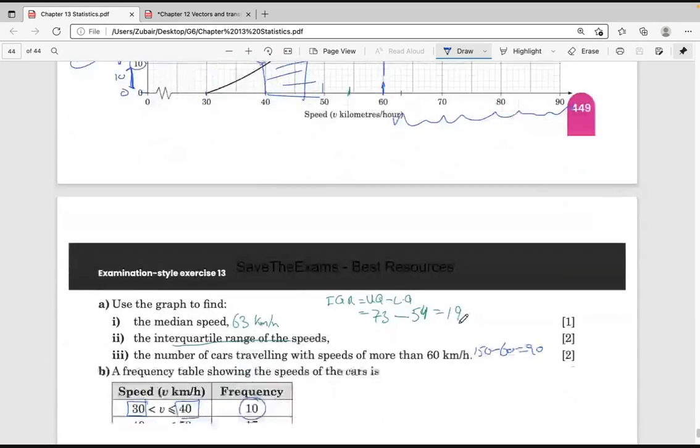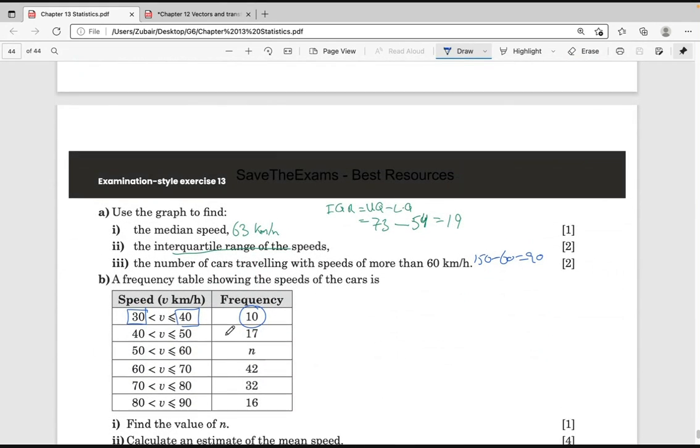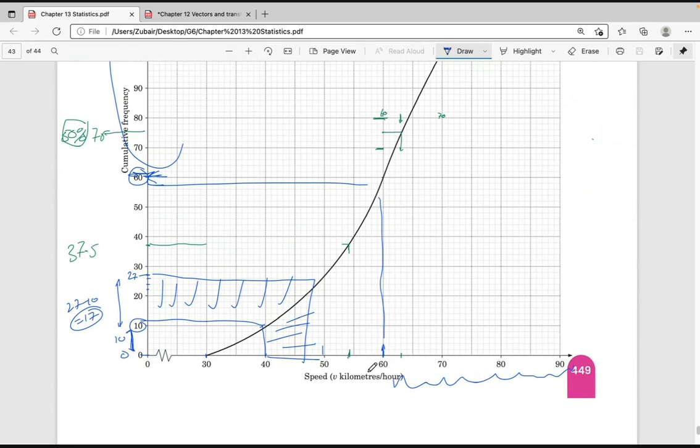Now we're going to check for n. N is between 60 and 50. At 60, we just did it. That was 60 clearly. So we have it on 60. And at 50, we need to read that. 50.